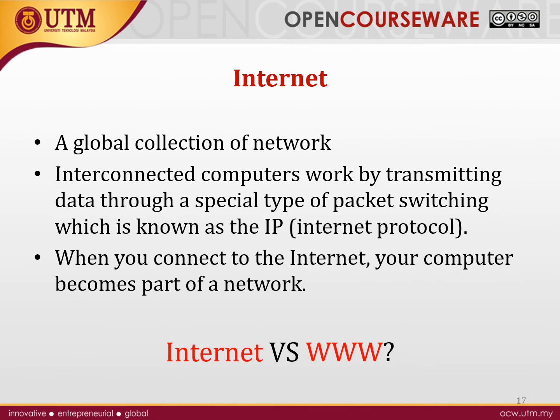So what is the difference between the internet and the www? The www, the World Wide Web, or web, is the pages that you see when you are using the internet, while the internet itself is the network of connected computers that the web works on. So the www is part of the internet as a whole.